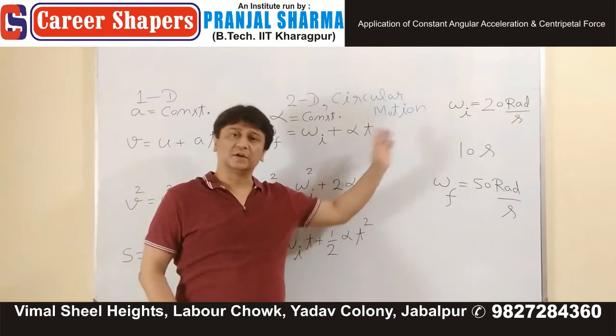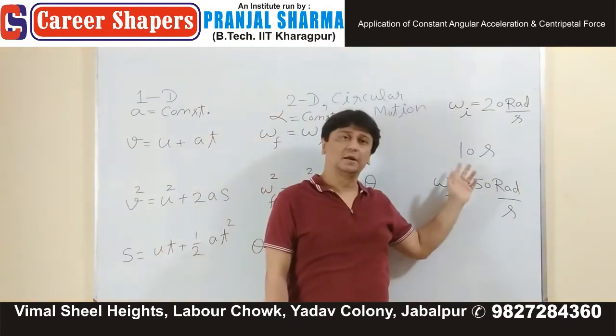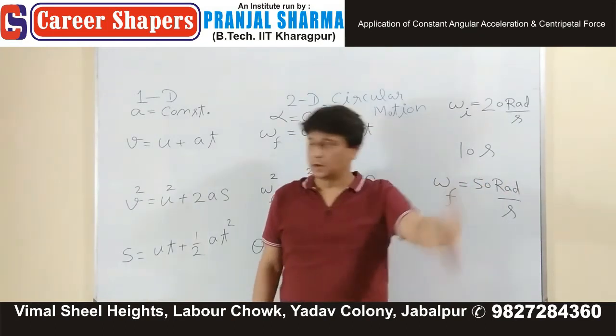Question says that alpha is constant, an object has initial angular velocity of 20 radians per second, and after 10 seconds it becomes what? 50. Now complete the question.